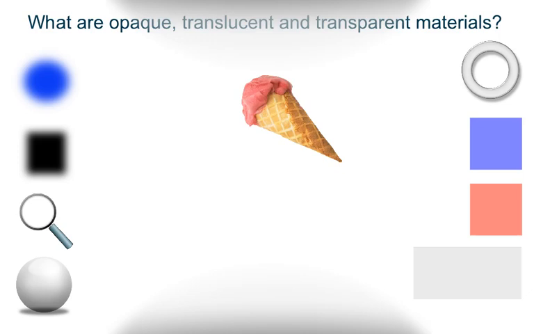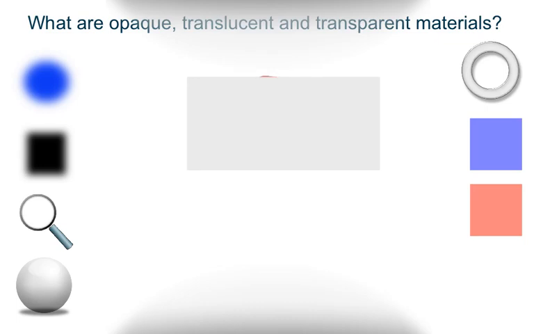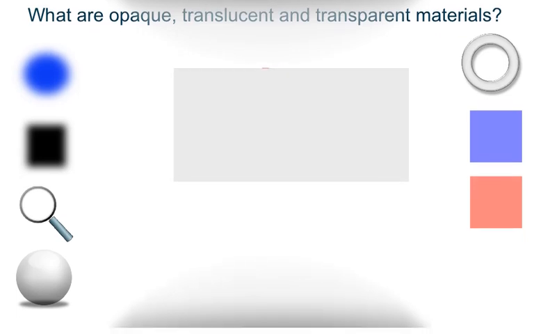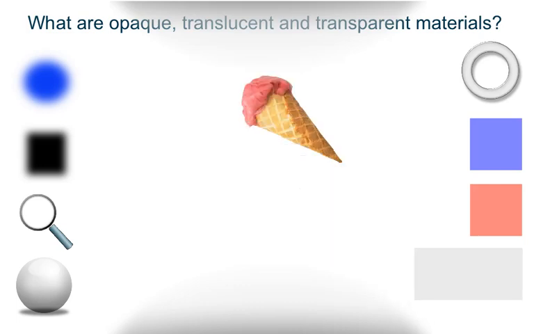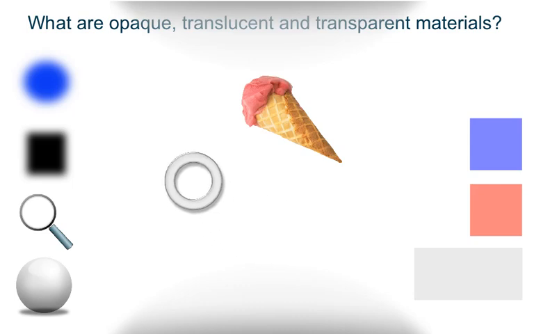If we put an opaque material in front of the ice cream cone, like this, we will not be able to see it because the light from the ice cream cone is totally blocked, because opaque materials do not allow light to pass through. Of course, the opposite is true if we use a transparent material like this.